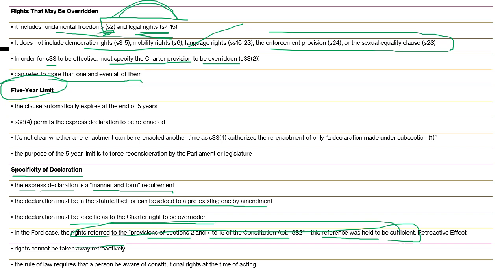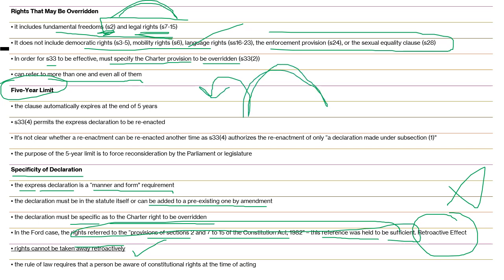Rights cannot be taken away retroactively, like previous rights, retroactive effect does not apply. So once you are declaring that such and such rights are going to be overridden, then it will apply for future scenarios, not for the previous retrospective ones. The rule of law requires that a person be aware of the constitutional rights at the time of acting.